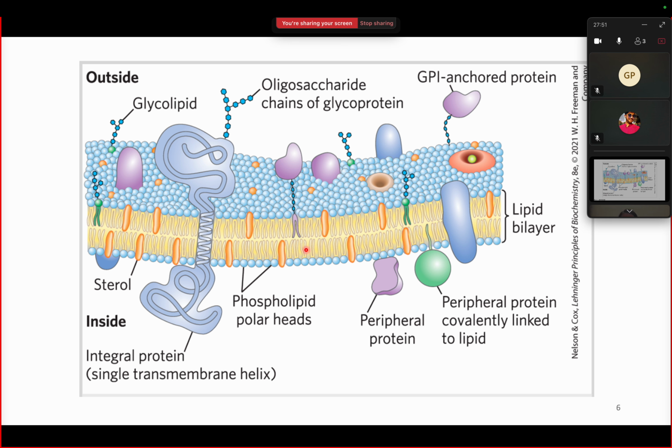So where does the asymmetry come from? The asymmetry comes from the type of lipid and the concentration of lipid present in one leaflet, which is different from the concentration or type of lipid present in the other leaflet.